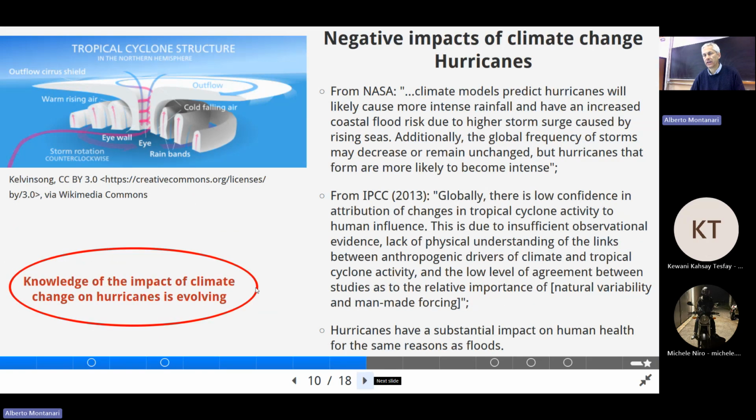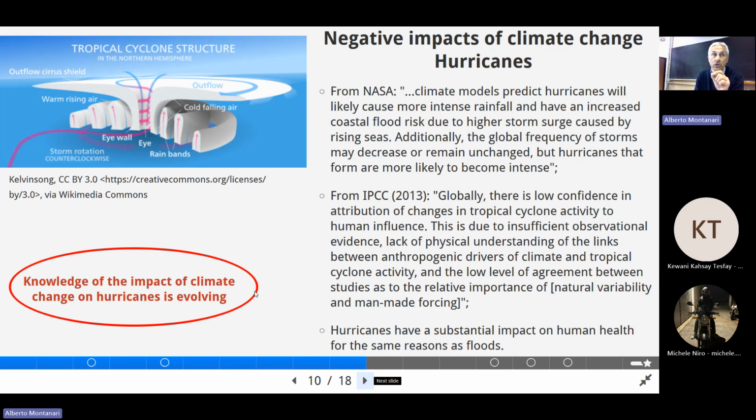Okay, hurricanes. I make a long story short by reading from two quotes from NASA and IPCC. Two very important sources of information. What is NASA? I think you know it. It's the Space Agency of the United States. IPCC, we will discuss it in a moment.